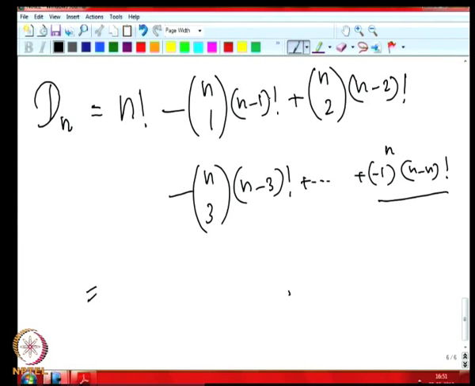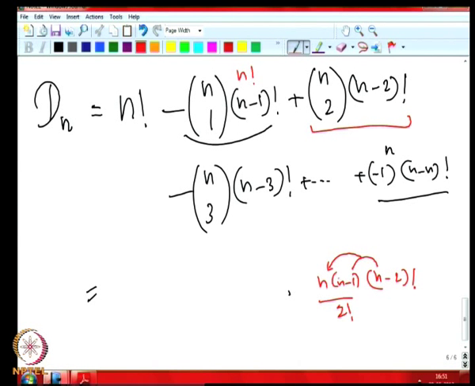This is n into n minus 1 factorial by 1, that is n factorial, so this turns out to be n factorial itself. I will write here n factorial, right, and this is n into n minus 1 by 2 factorial, divided by n minus 2 factorial, right. So, when I combine this and this here, that will be n factorial by 2 factorial.